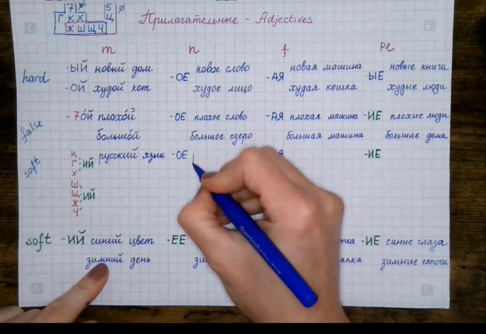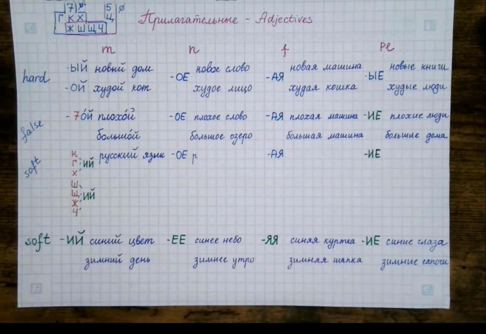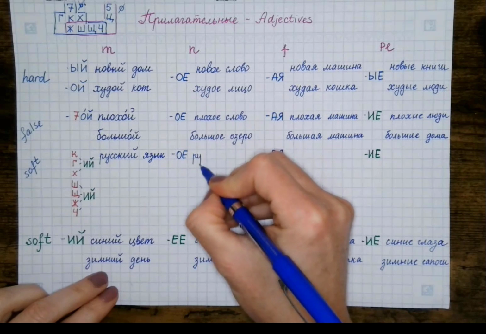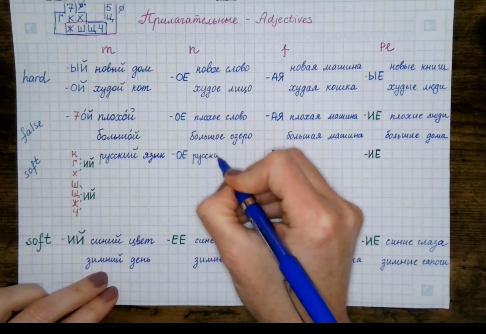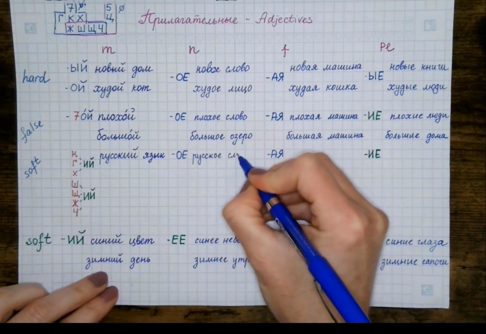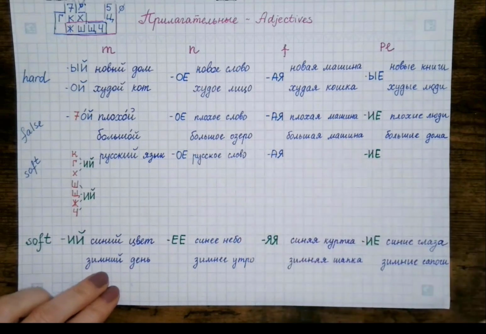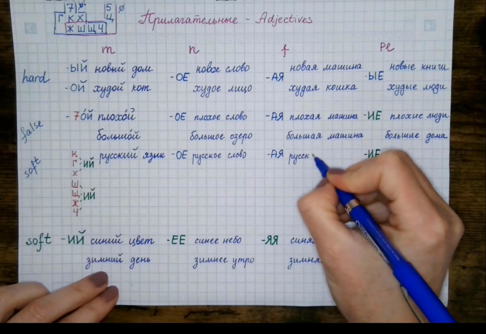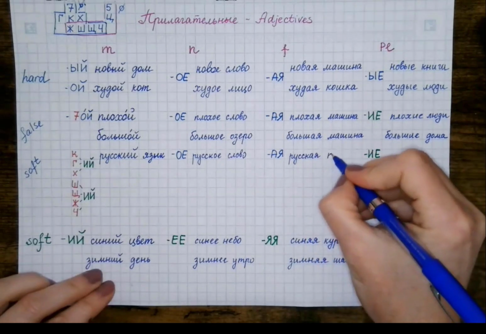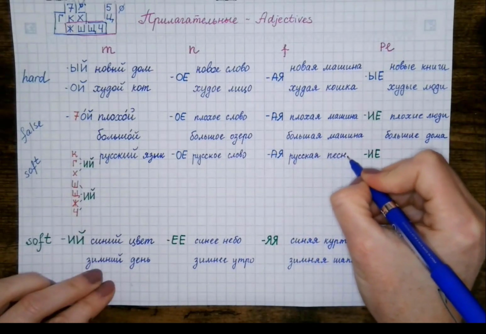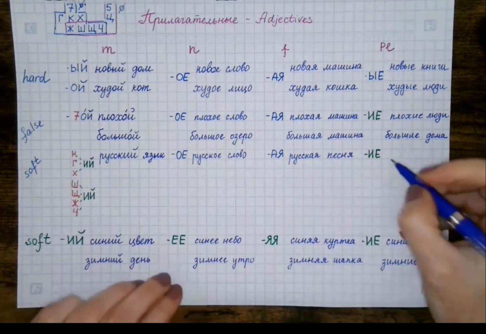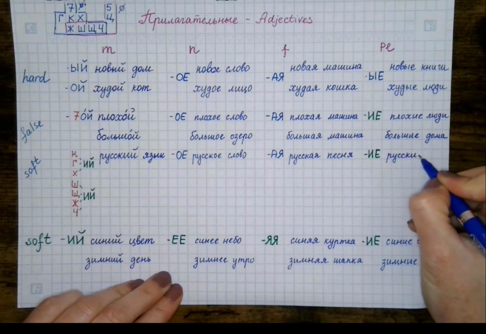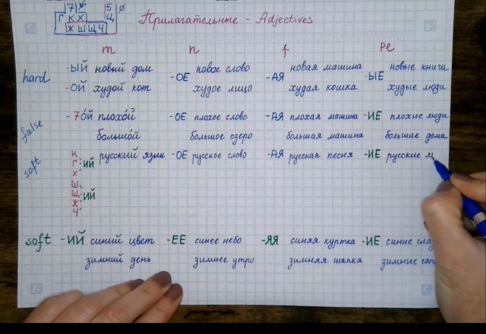For example, русское слово. A Russian word. Русская песня. A Russian song. And then русские люди.